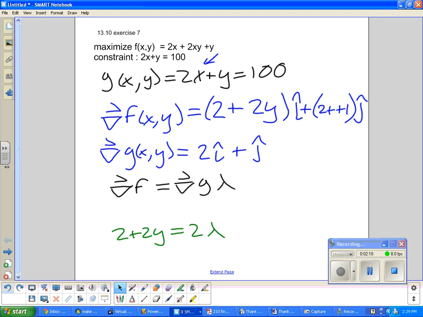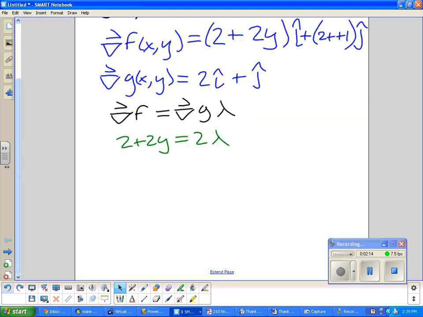And we set the j values equal to each other, which is going to be 2x plus 1 is equal to 1 lambda.